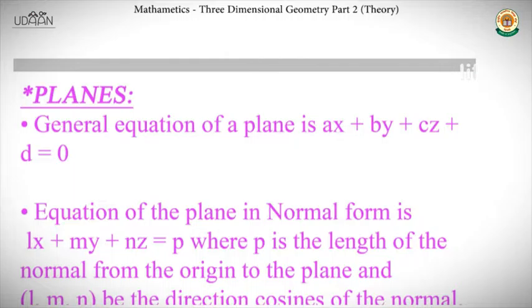So let's move on. Now we would be starting with an entirely different topic, the planes. Till now we were studying only the lines, and now we would be starting with the planes. What are planes? Planes are basically a collection of points which are equidistant from a given point.